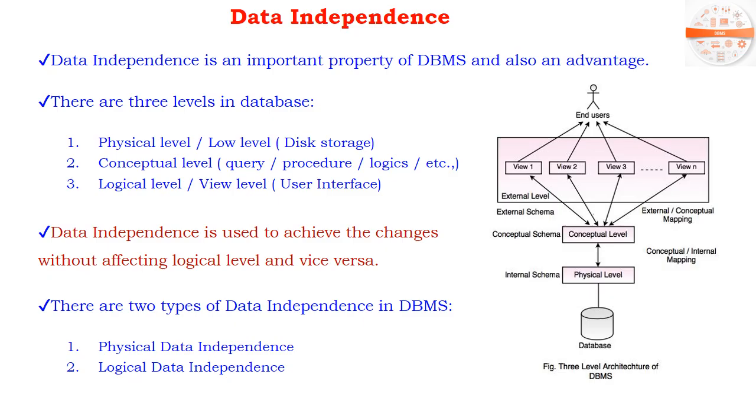Data independence is used to achieve changes at one level without affecting the other level. It means if you are adding or updating anything in one level, it does not affect the other level. There are two types of data independence in DBMS: physical data independence and logical data independence.